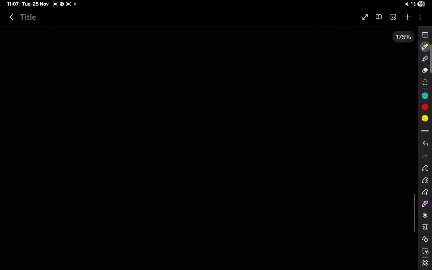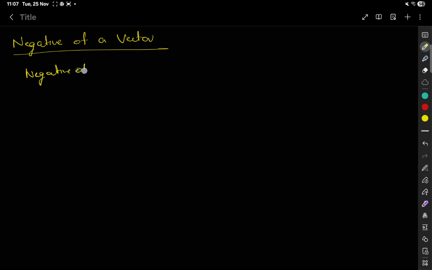Next is negative of a vector. What is negative of a vector? Very simple. Negative of vector A is denoted by minus A. Now what is its meaning? Does it have the same direction?